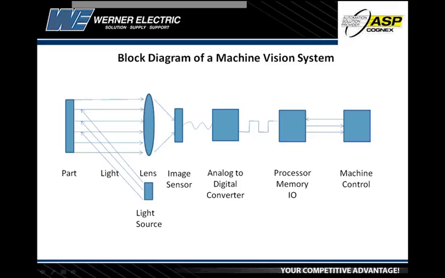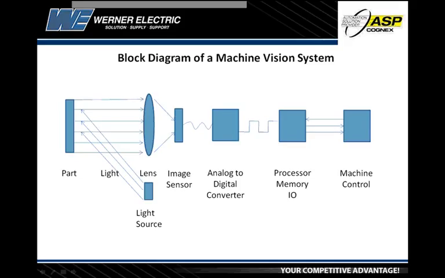And unlike a simple photoelectric sensor that has only one photosensitive area, an image sensor has an array of hundreds of thousands or millions of these photosensitive areas that are called picture elements. People have abbreviated that to pixel. So if you've heard that term thrown around, pixel actually means picture element.